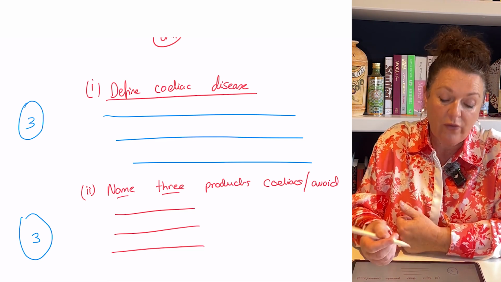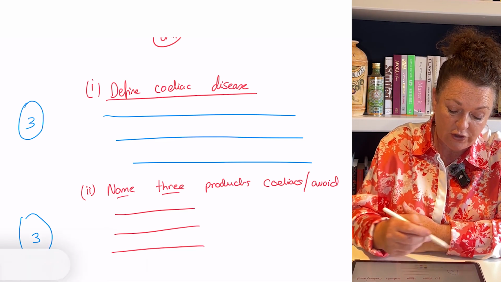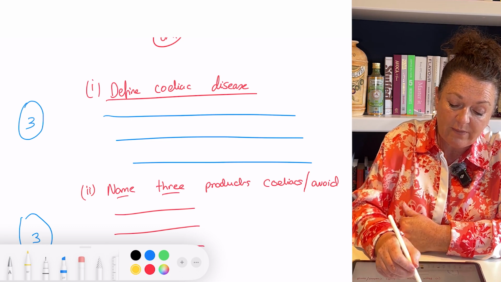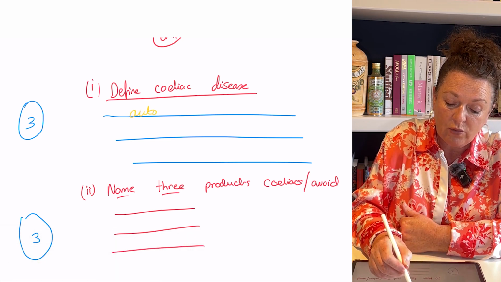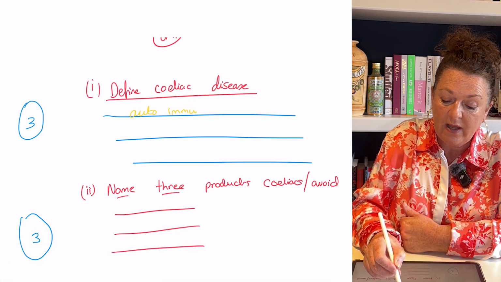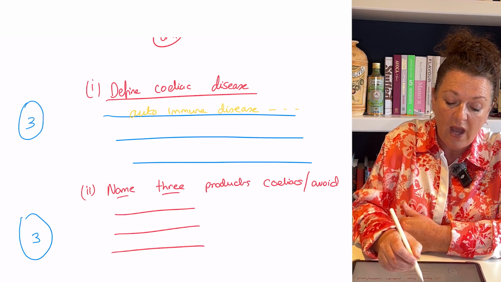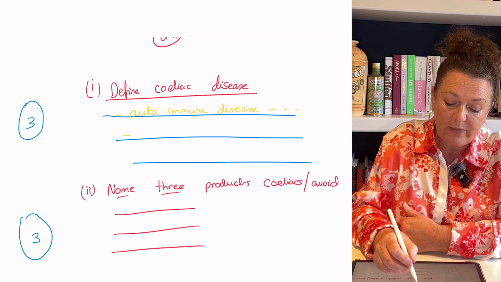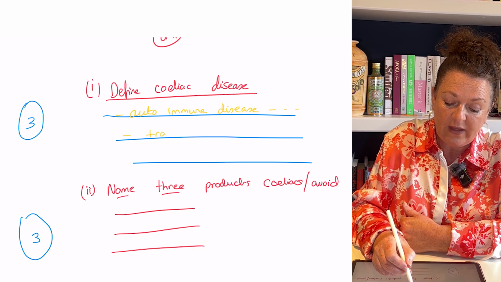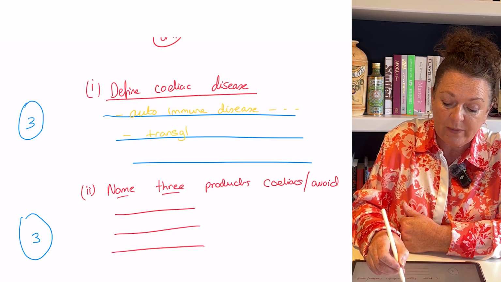So I'm not going to write the whole thing out, but I am going to refer to 3 points. So 3 marks in my mind. I'm going to say that it happens to be an autoimmune disease. I'm also going to mention about the enzyme transglutaminase.